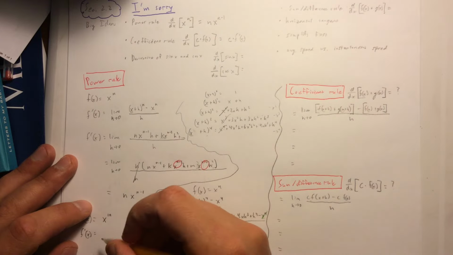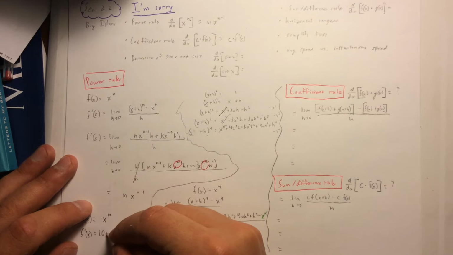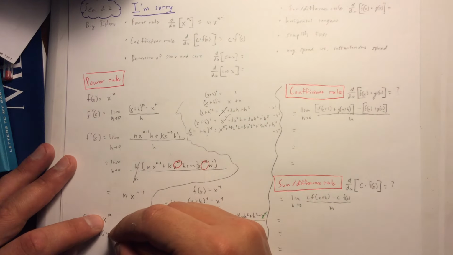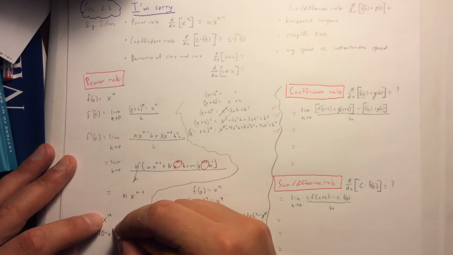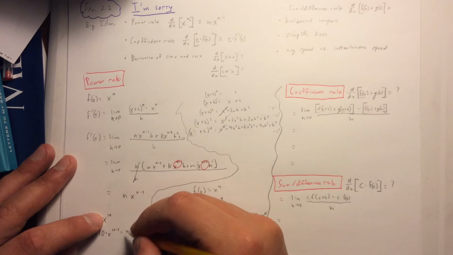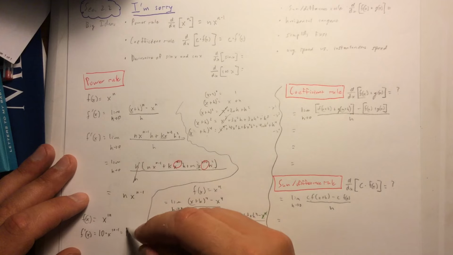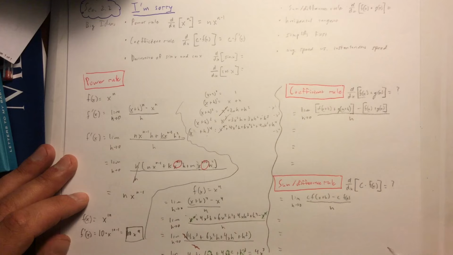I'm going to bring it down in front. 10 times x to the n minus 1. Well, 10 minus 1 is 9. So it's 10x to the 9th.